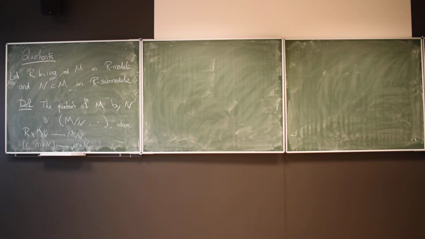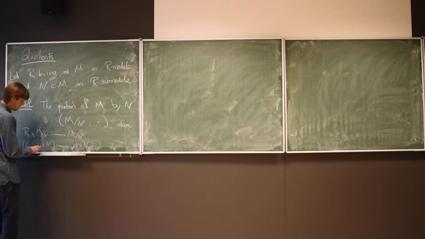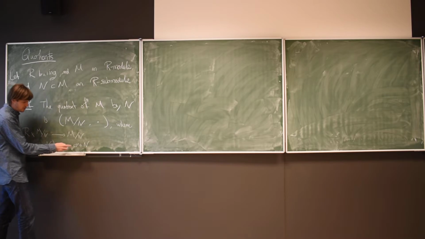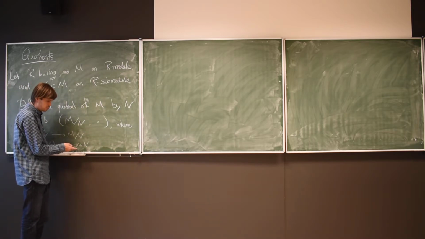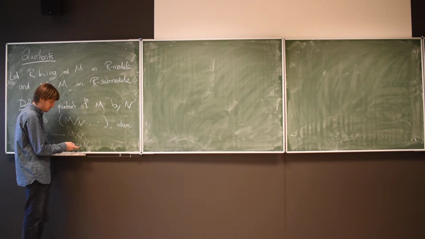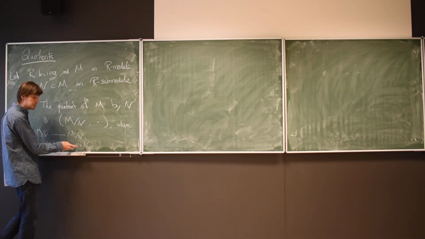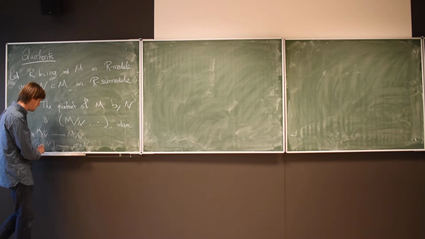Here you would have to check that this map is well defined. Because what I did when I wrote this down is implicitly I chose for my coset in M a representative m, and I mapped my coset to the coset with representative r times m. So what you have to check is that this is independent of my representative.